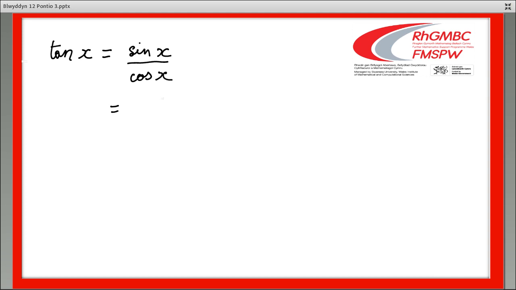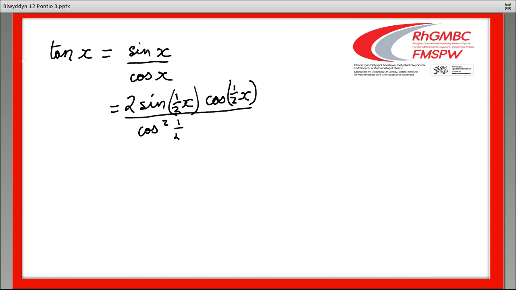So that is actually twice sine half x times cos of half x divided by cos squared of half x minus the sine squared. So that's what it's actually worth.